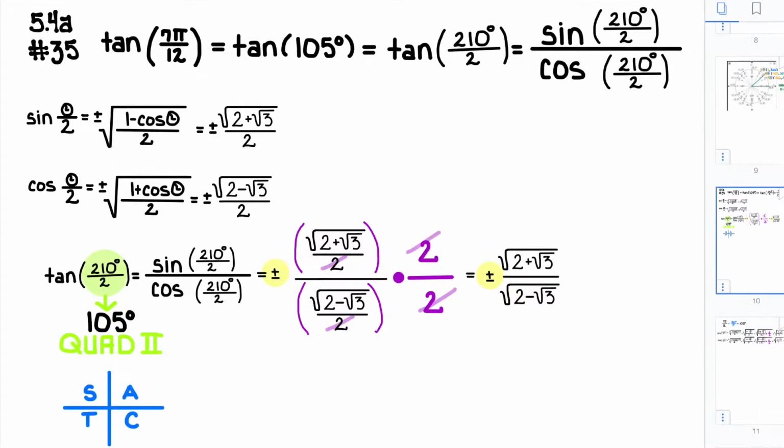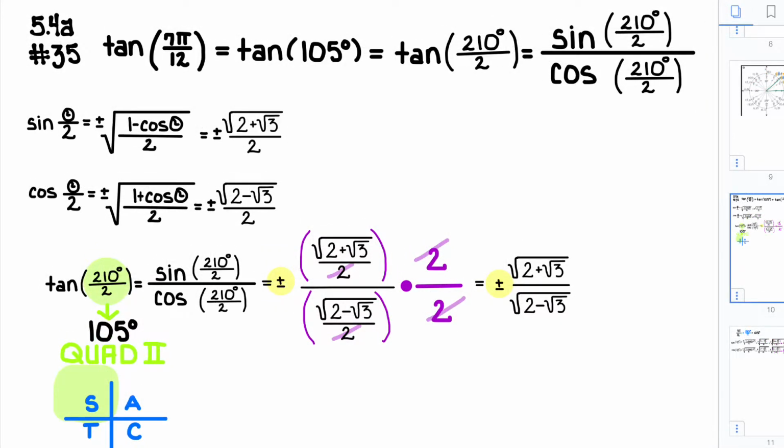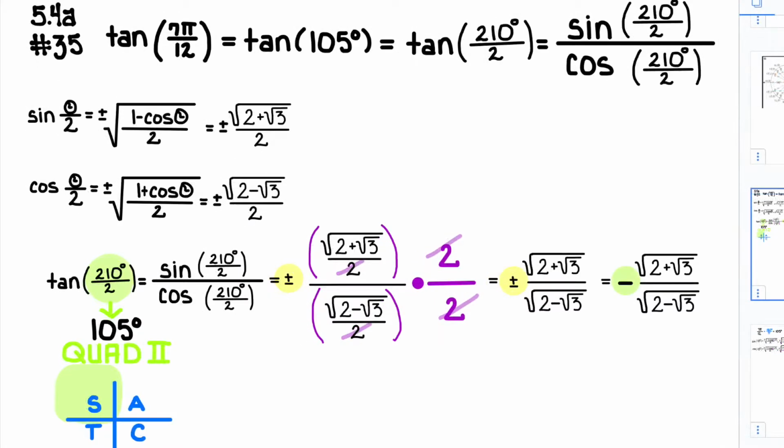Using the acronym All Students Take Calculus, the only trig functions that are positive in quadrant 2 are sine and sine's reciprocal function cosecant, which means in quadrant 2 the answer to tangent is negative. Replacing the plus or minus with just a minus, I get my final answer.